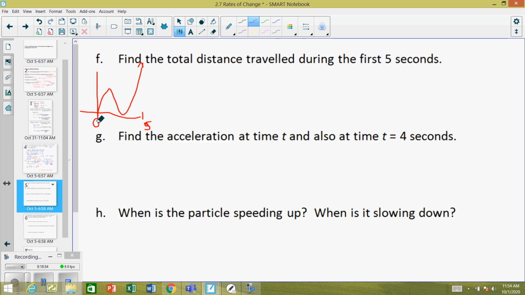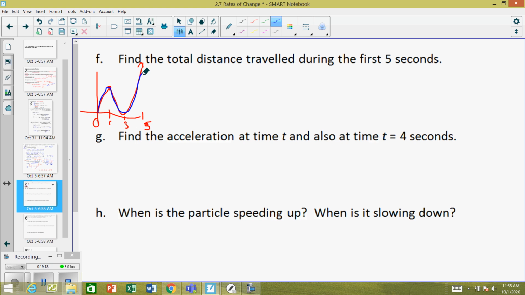We know at the point 1 that it changes directions, and then at the point 3 it also changes directions. We found that in a previous problem. Now total distance is me adding up all these values, traveling along this line, adding up our total distance traveled.